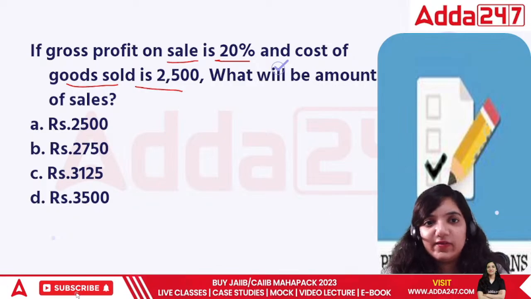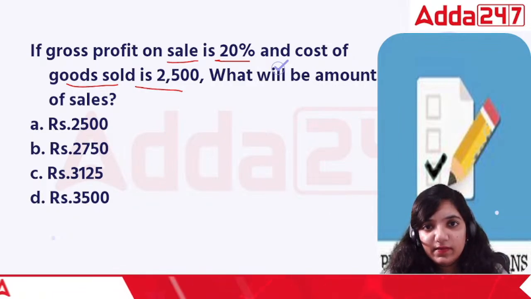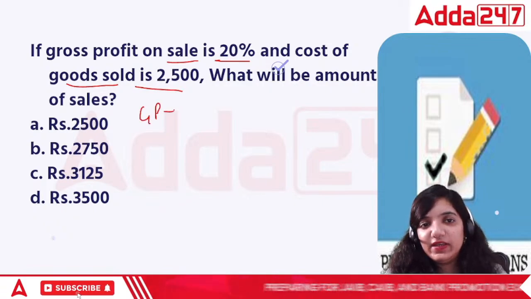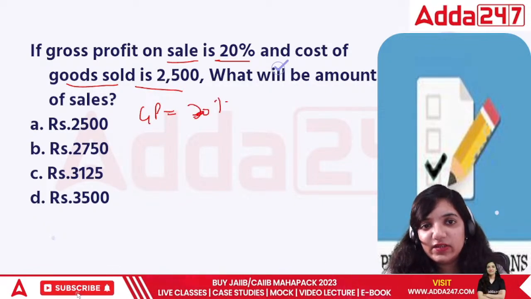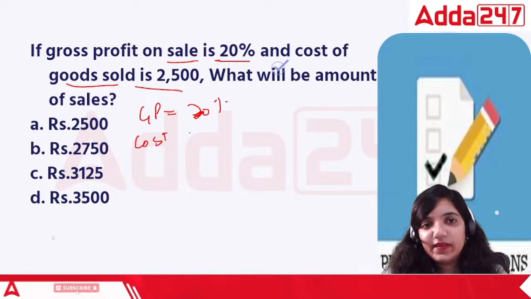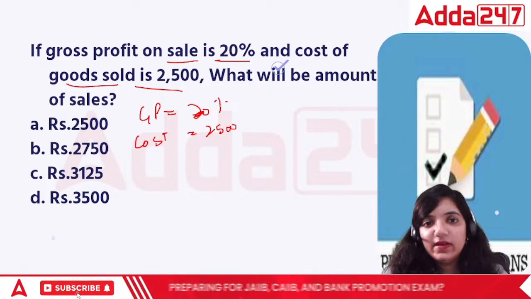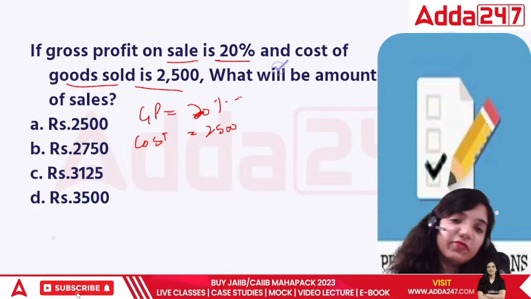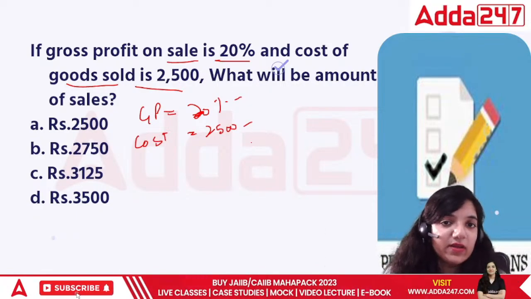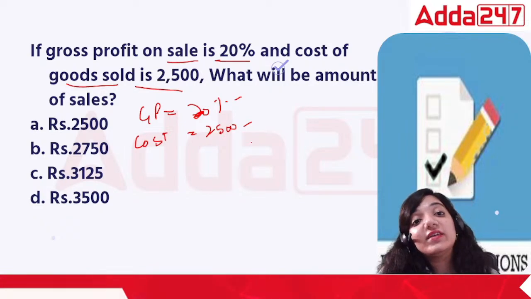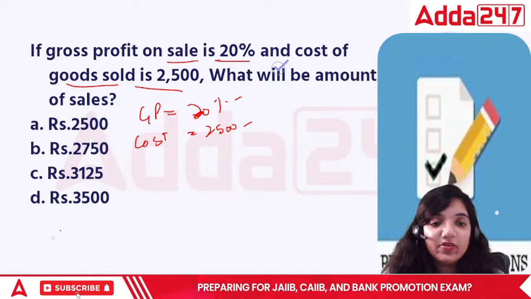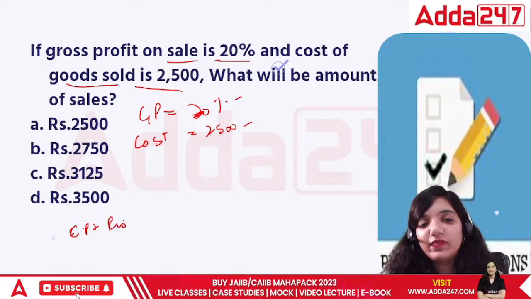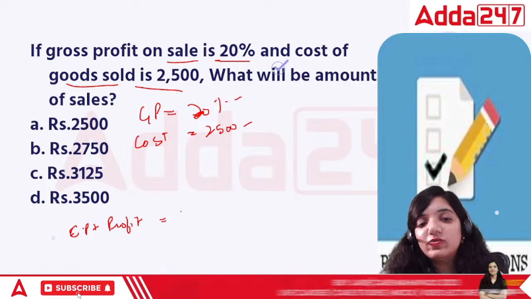Okay, now let's look at this. The gross profit is 20%. That means my GP is equal to 20% and my cost is equal to 2,500. This is my profit on sale, while my cost is 2,500. So one thing is, let your selling price be 100. Do you remember we used to have that cost plus profit is equal to selling price?